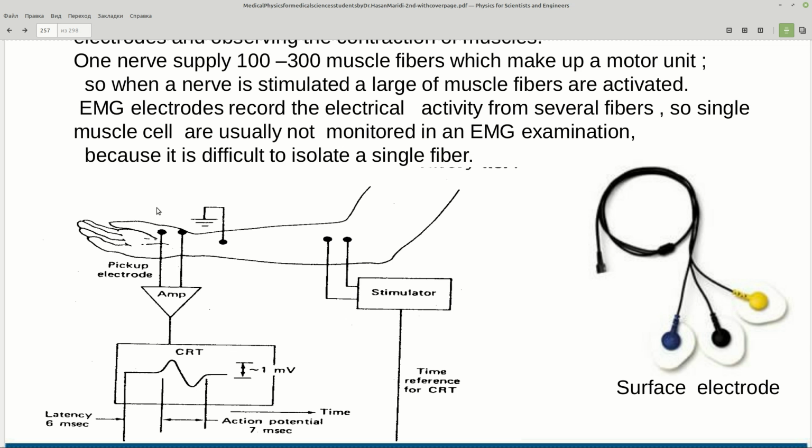The myocardium is charged negatively, it's the minus, somewhere here, and here is another place where there is an electric dipole.